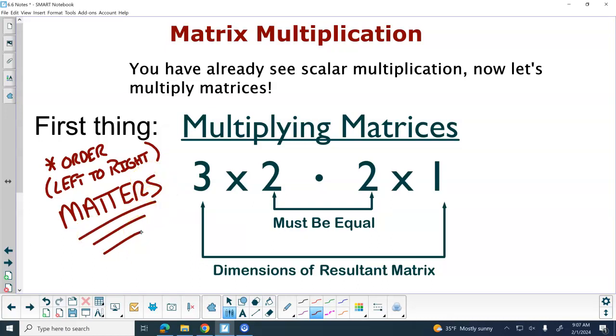So your order matters in multiplication. You find the dimensions of your left matrix. So that would be these. Again, rows by columns. Then you find the dimensions of your right matrix.